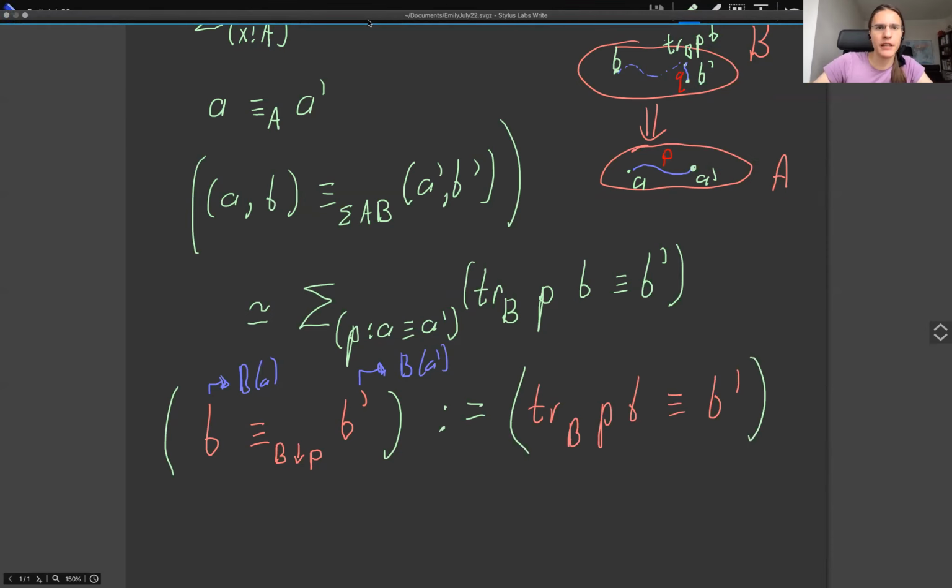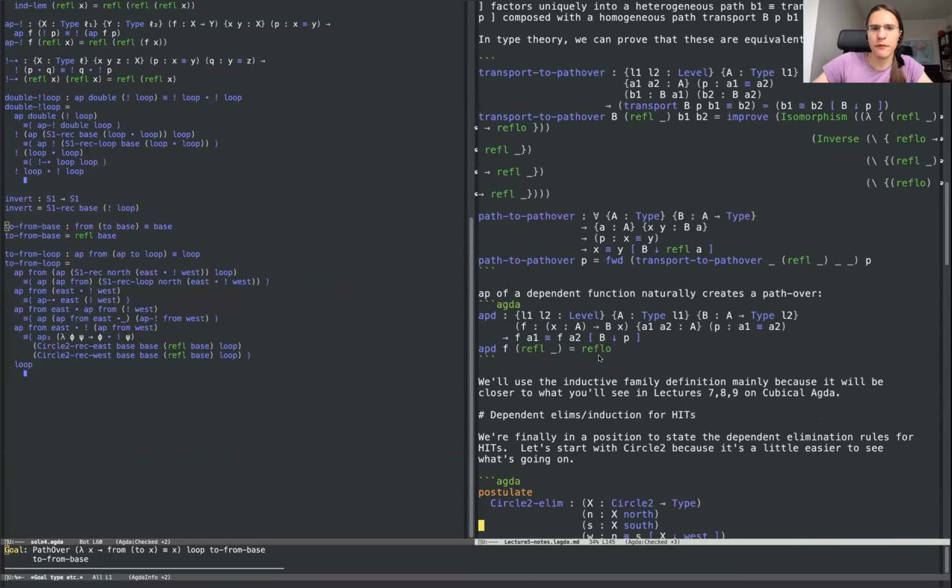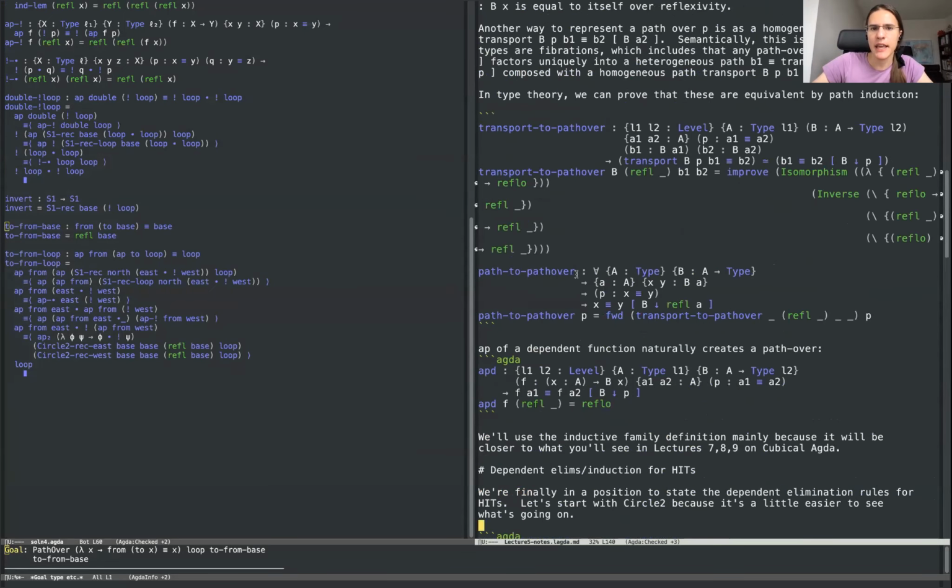Or I'm not sure if we proved that, but you can see in lecture 5 notes, one of the first characterizations that we have is transport to path over. This is an equivalence. This type right here is equivalent to transport in B over P of b1 equals b2, which was what I was explaining. So actually, this is the way that you should think about it, is what I suggest.